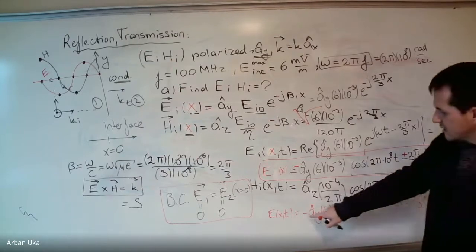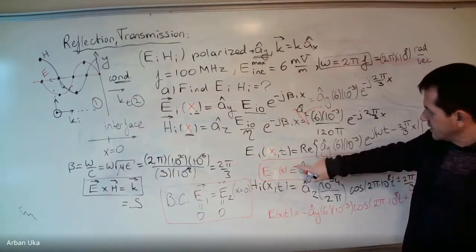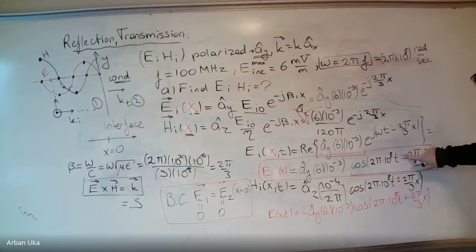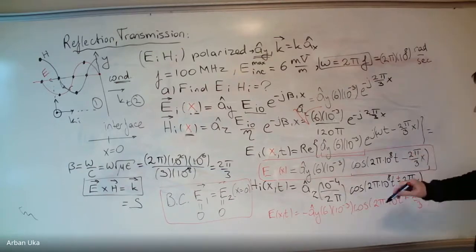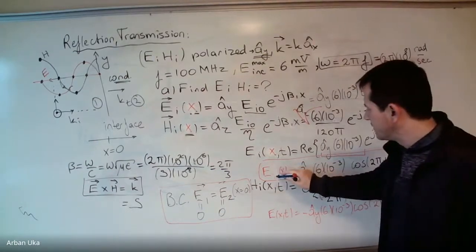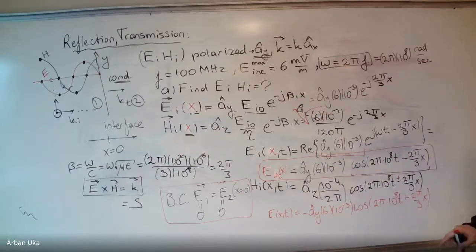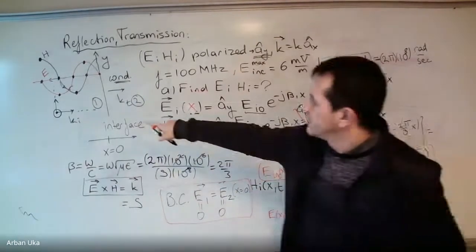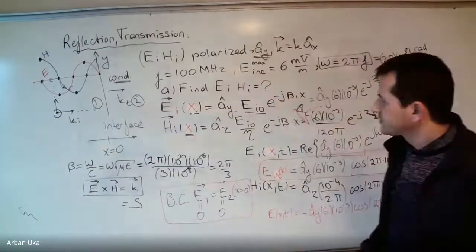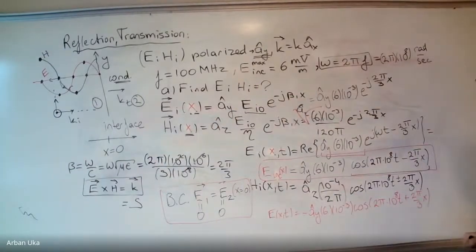So we need this negative sign here because, let's take this away. You correctly corrected them, but let this be the incident wave. And when we insert x equal to 0, where x equal to 0 is right at this interface, we see that, wait a second.